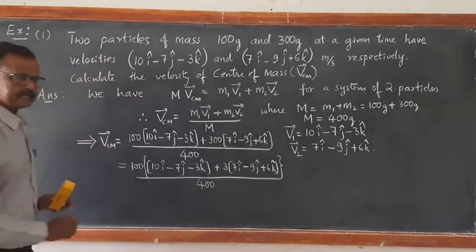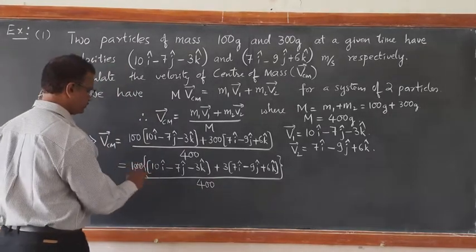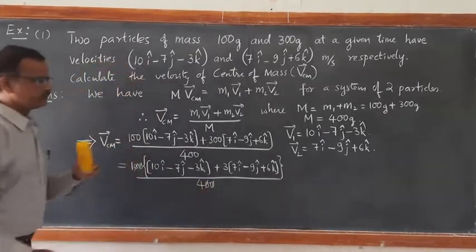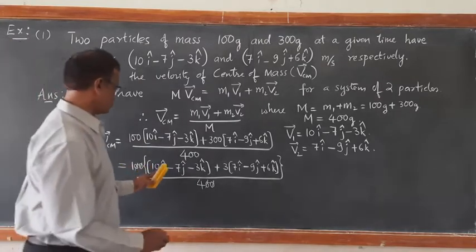So the 0 cancels. You are left with only 4 in the denominator. So this you simplify now.